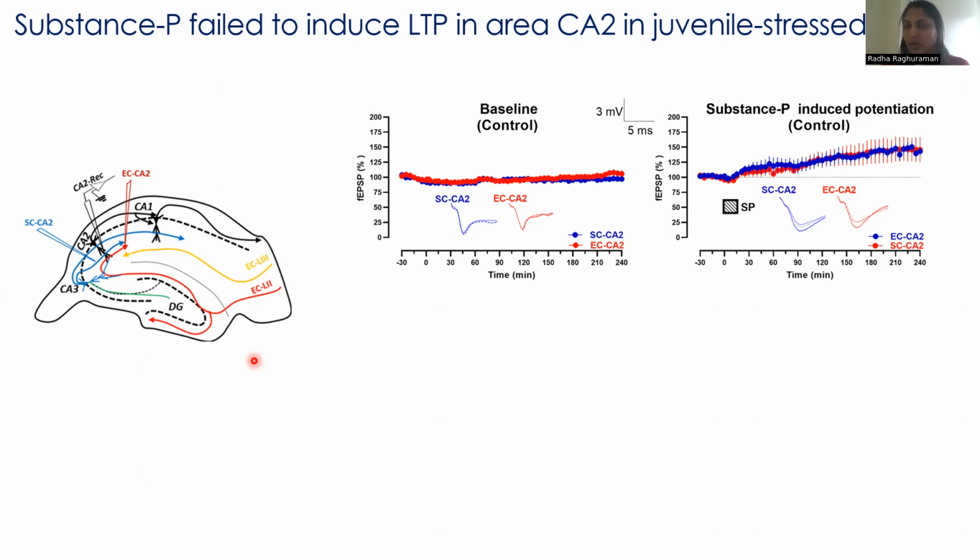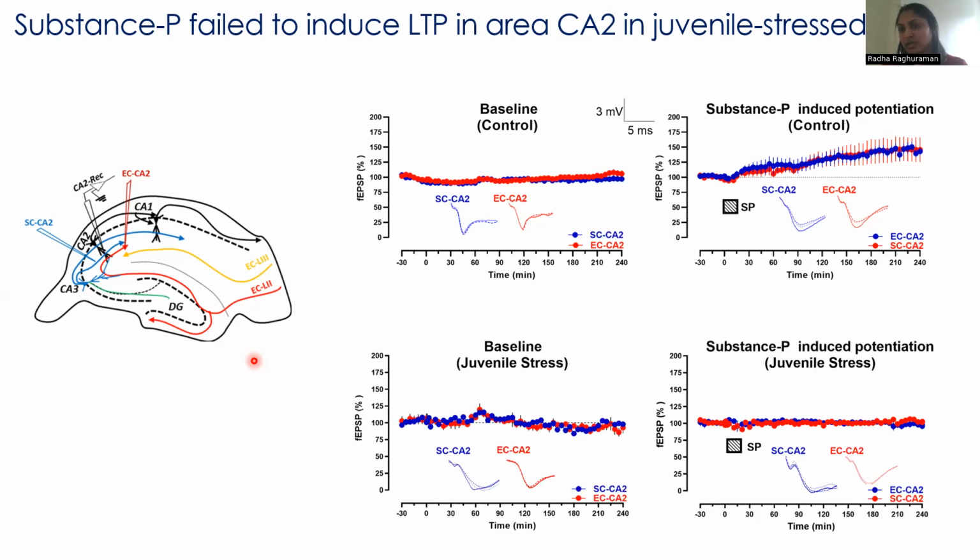So when you apply substance P exogenously, the bath applied substance P in the healthy control slices shows chemically induced LTP, a slow onset potentiation of late LTP, in both Schaffer collateral synapses as well as the entorhinal cortical synapses. But in the case of juvenile stress, there is absolutely no LTP in both entorhinal cortical synapses as well as the Schaffer collateral synapses, which we thought was very interesting.